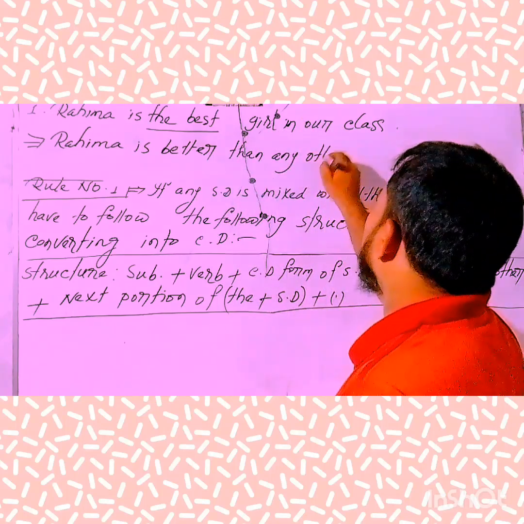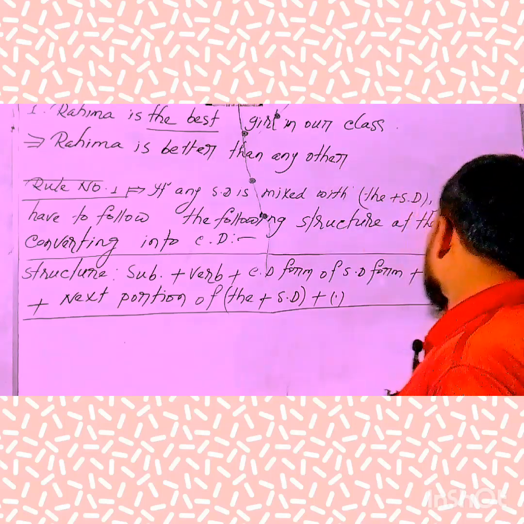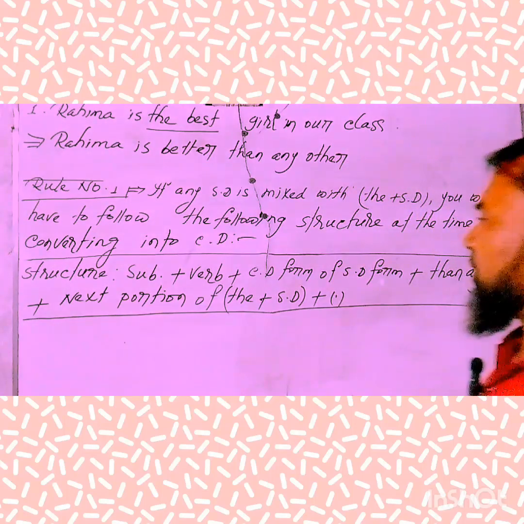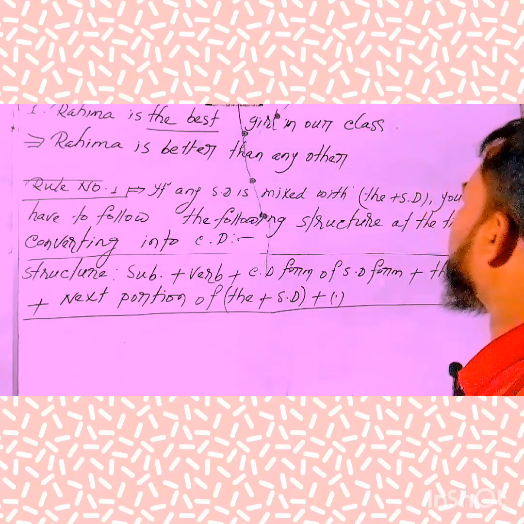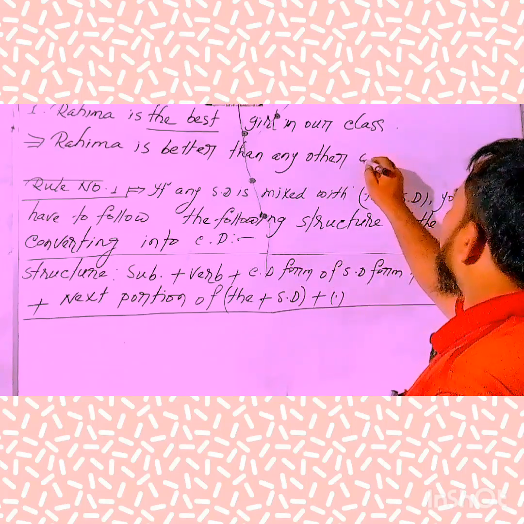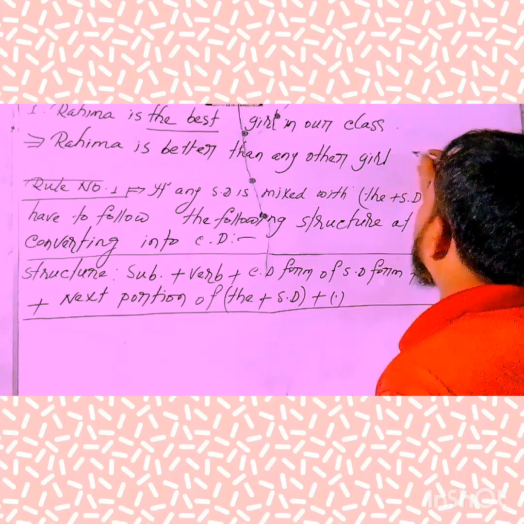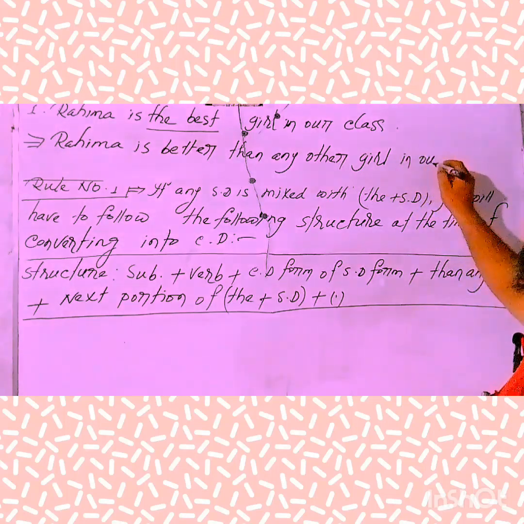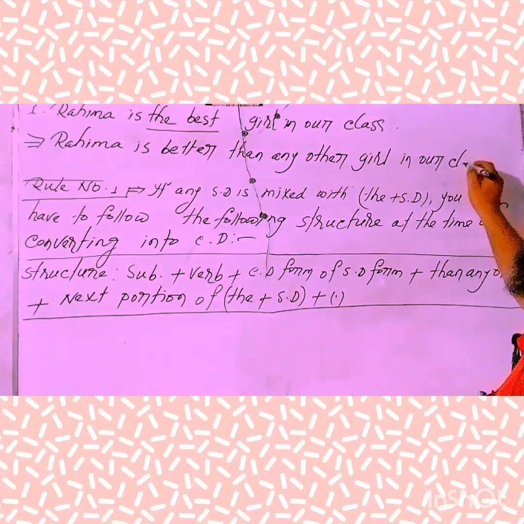Any other. Next, we'll have to write down the next version of the plus HD. The plus HD here, next version, girl in your class. So write down instantly, girl in our class. Hope that you have understood clearly, my dear learners.